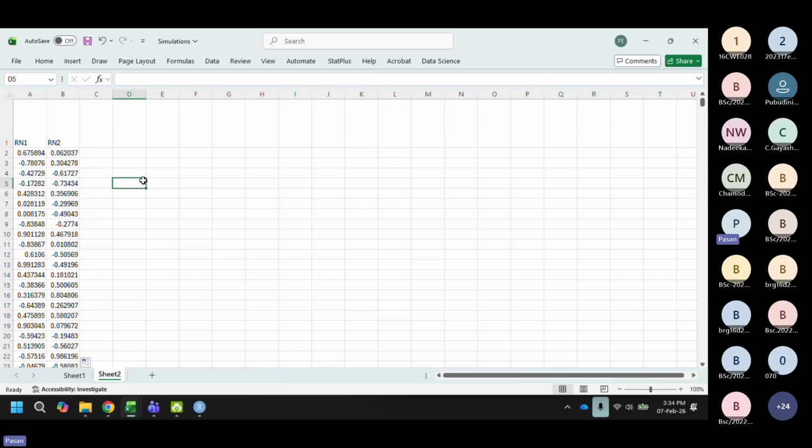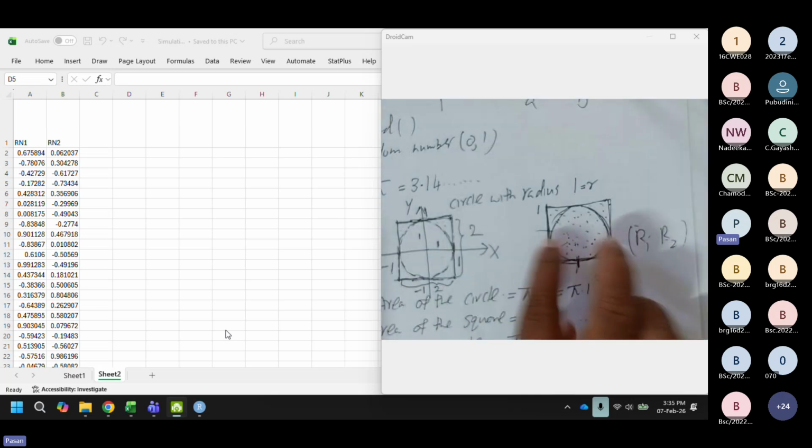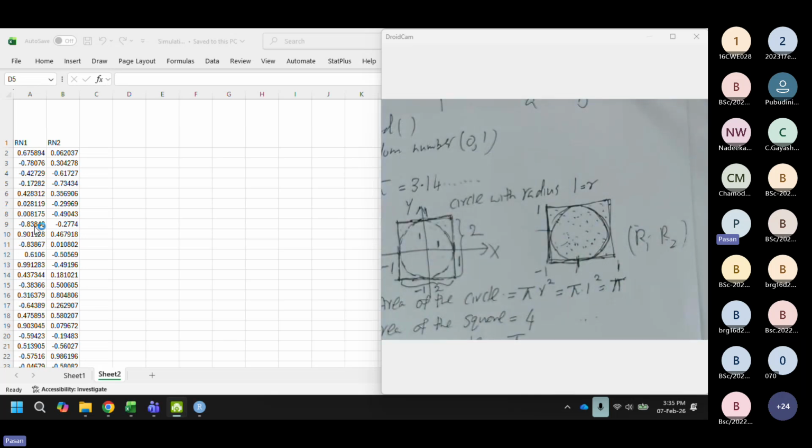So I did it for the 1,000 times, just for simplicity, but practically you can do this for 10,000 or 1,000,000, a very large number of times. Okay, so that's my generation of the two random numbers. You can see some of them are positive and some of them are negative, so that's an indication that I'm getting that between this entire region.